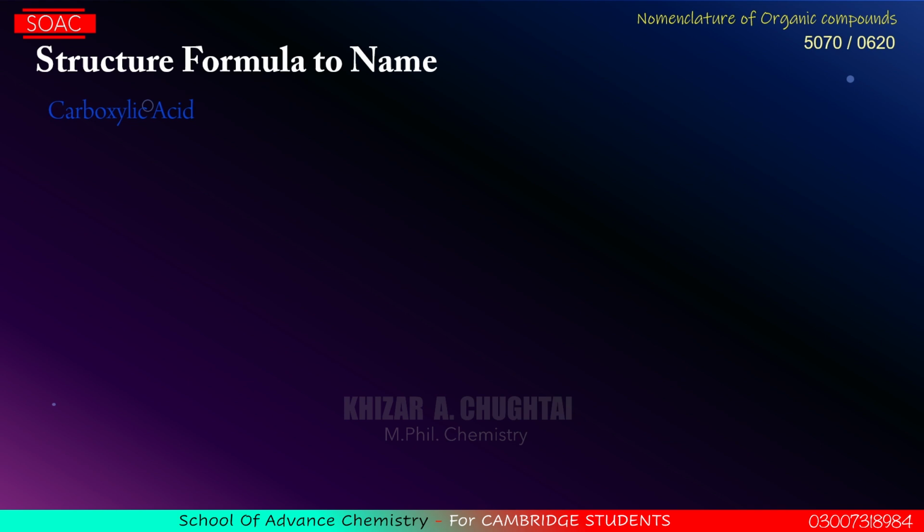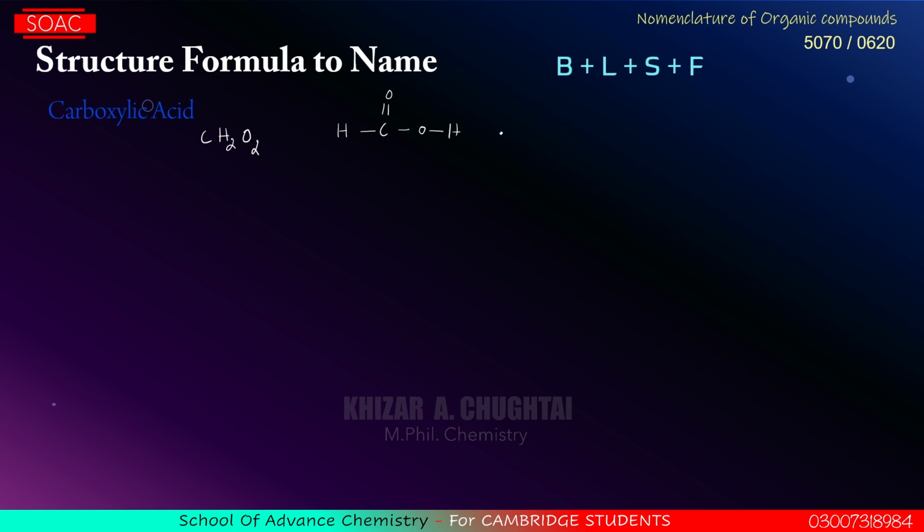Come towards the next functional group, that is carboxylic acid. One carbon carboxylic acid is this one. Any compound that has O double bond C, single bond O, single bond H group is said to be a carboxylic acid. And if I'm putting H over here, the formula is CH2O2.